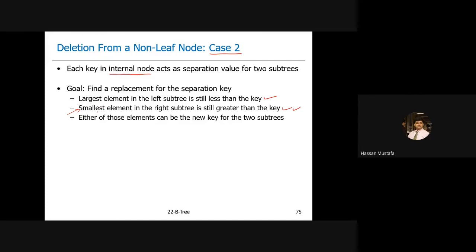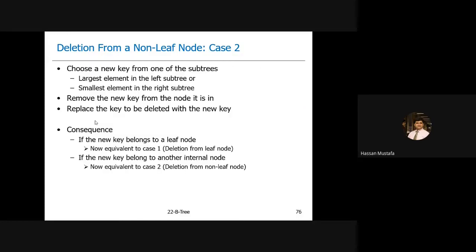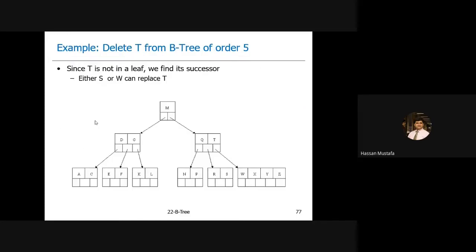So for deletion in case 2, we move the deletion from the internal node to the leaf node by finding the smallest value in the right subtree and replacing the value that needs to be deleted with it. Okay, so in this scenario, if we want to delete T from this tree, we found T here, which is a non-leaf node.